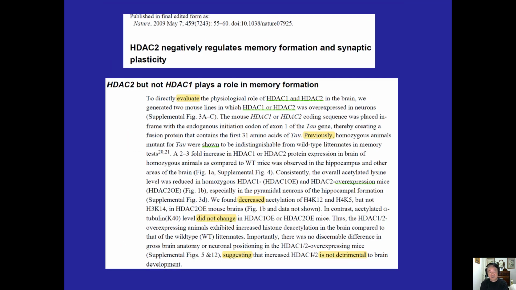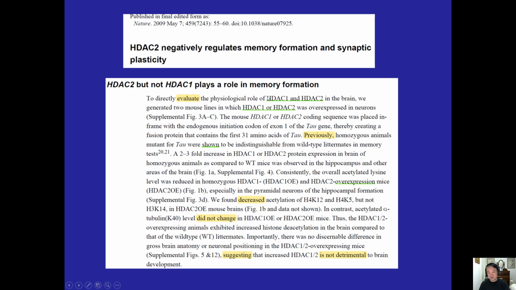Now here's another paper published in Nature 2009 about HDAC2 negatively regulating memory formation and synaptic plasticity. You see, I come to again these four structures. Then you see at the beginning is the aim: to directly evaluate the role of this. Then we generated this. When you see this one, it's very important that the sentences talk to each other.